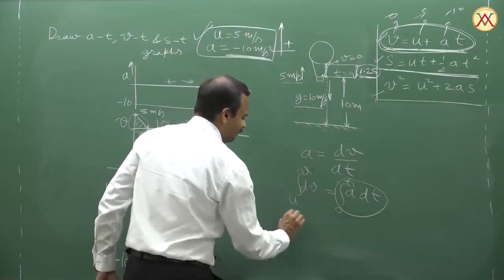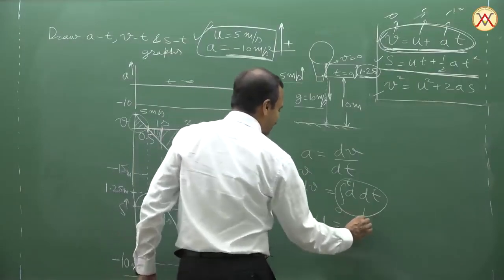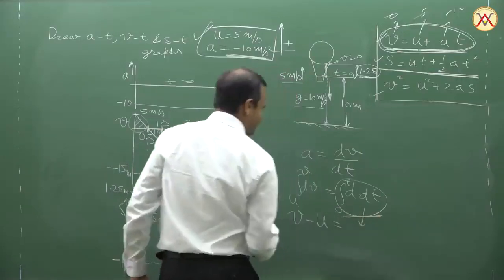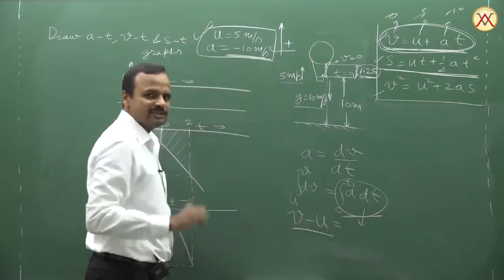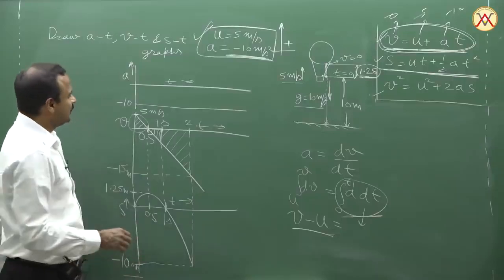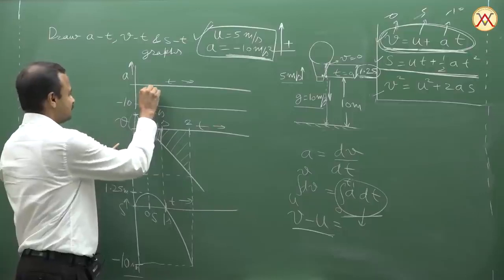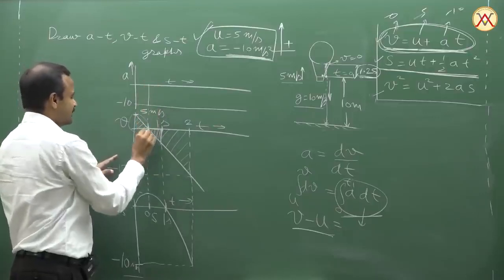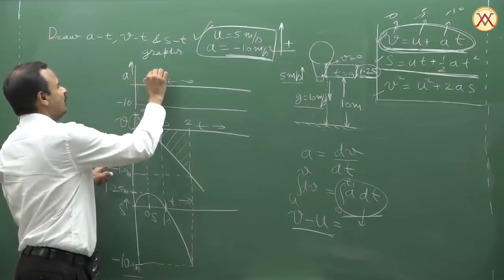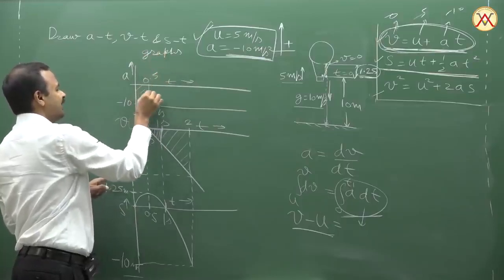So the left hand side, what does it become? It becomes change in velocity. So area under the acceleration time graph gives you change in velocity. You can check it here also. Let us say I take a time from 0 to 0.5 seconds. What is the change in velocity? What is the area under the AT graph?